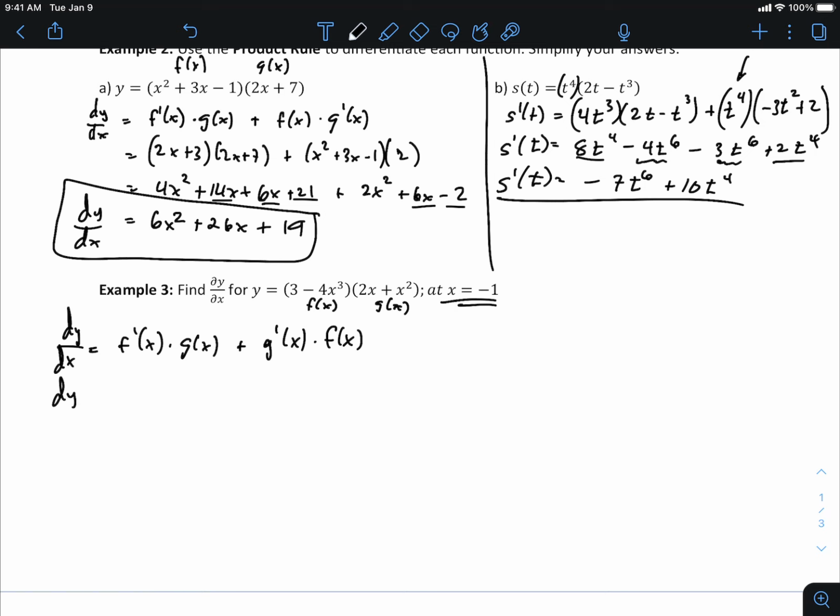Okay, so dy by dx is going to equal f prime of x. We're going to get negative 12x squared, right? And then we're going to multiply that against 2x plus x squared. And then we're going to add g prime of x, which is going to be 2x plus 2, and multiply that against the original f function.